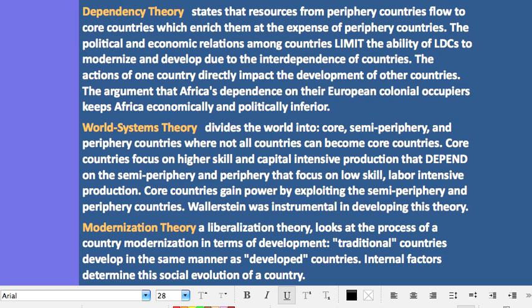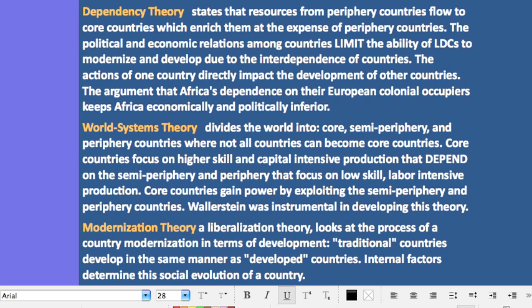So this interdependence keeps LDCs and periphery countries in their peripheral status and core countries in their core status, and resources flow from periphery to core, enriching the core and exploiting periphery countries, as they continue to be dependent on those core countries to provide the goods and services that they desire.